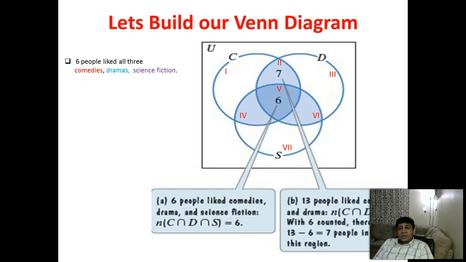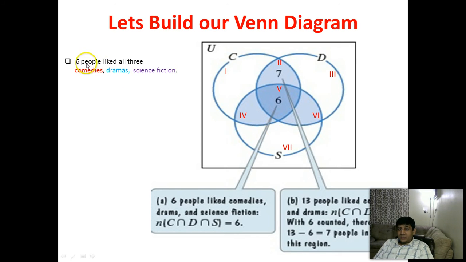It represents the intersection of all three sets, the region which is common to all three. So the number in this region tells us how many people liked comedies, dramas, and science fiction, all three.